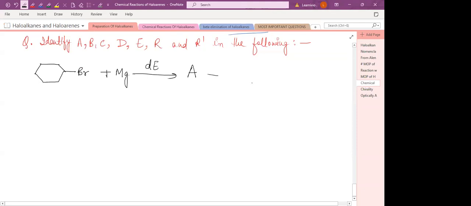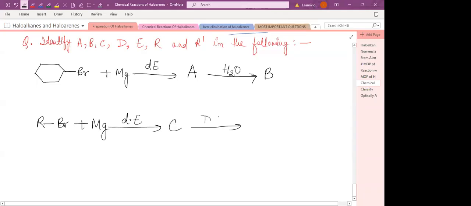Then, when you do hydrolysis, when you add water to this compound, you will get B. First equation. Now, second, when Br reacts with magnesium metal in the presence of dry ether, you will get C. And in the presence of D2O.